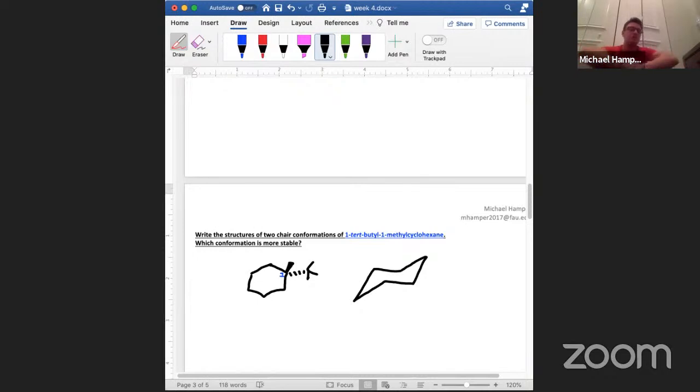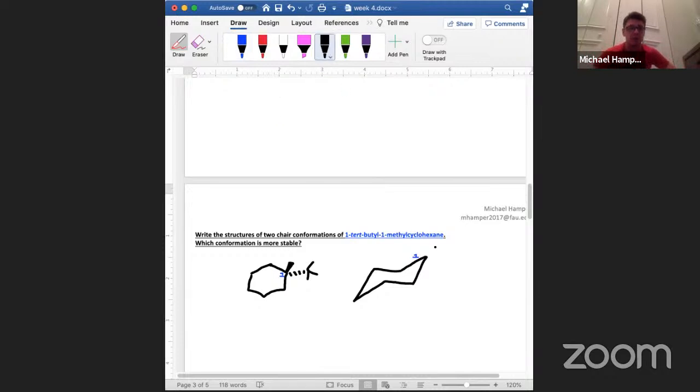If something is wedged in 2D, on the chair, wedges up, dashes down. So let's say this is the first carbon. Wedges up, dashes down, that's how we draw it.